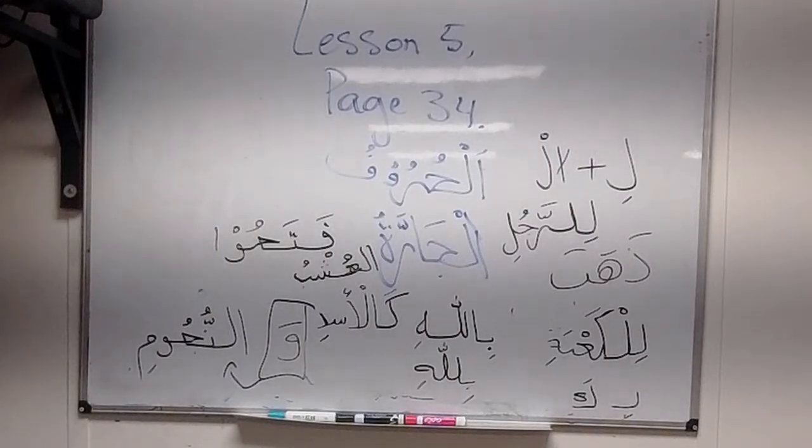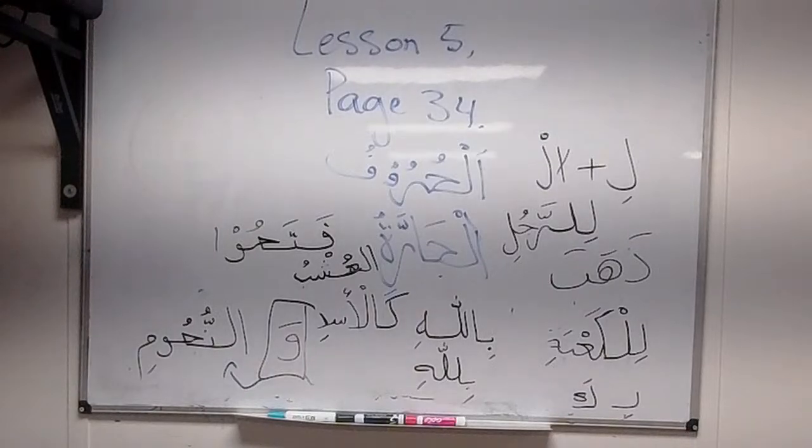There's barakah, there's hasana in the world. This sentence is jumbled. The reality is, lil muslimi is not the subject of the sentence, because remember, a jumla ismiya has to start with an ism. Is li an ism? No.